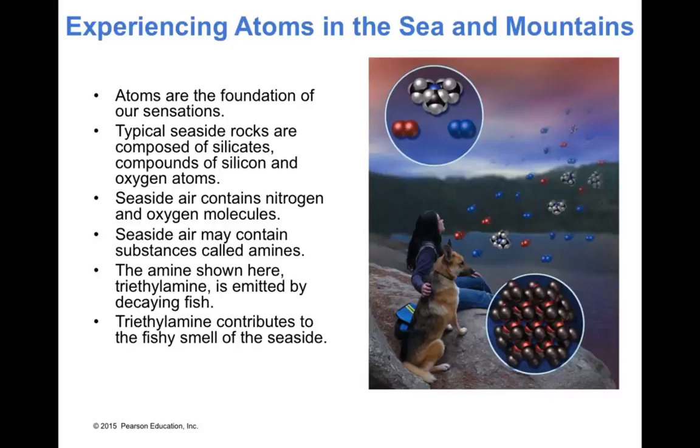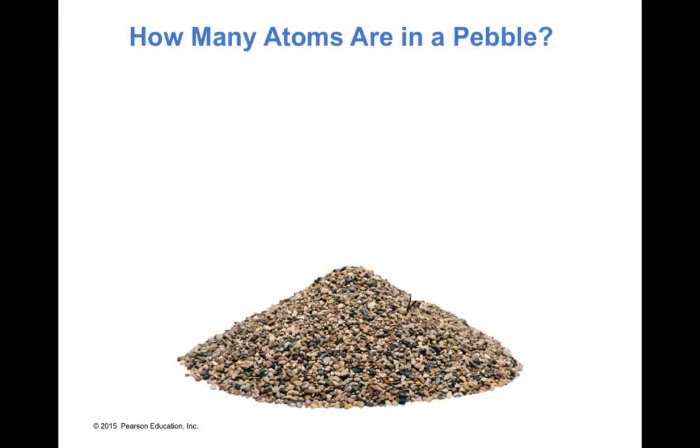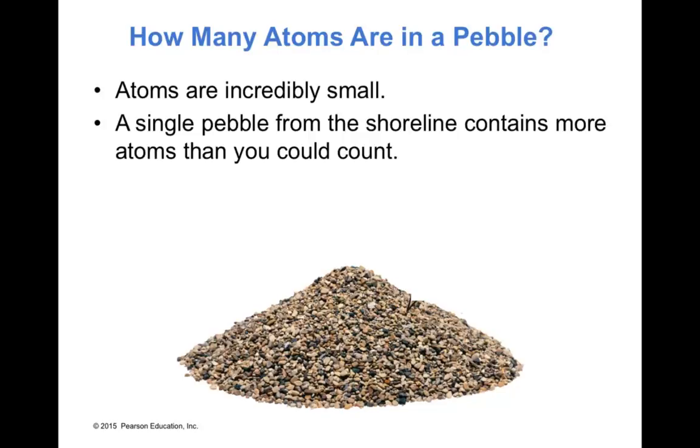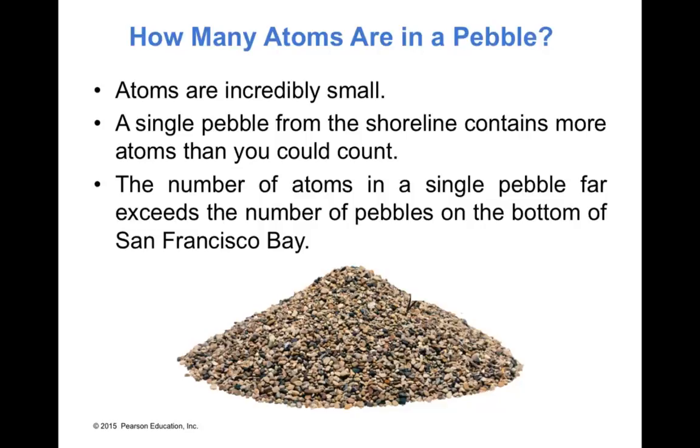Now let's talk about the atom. How many atoms are in a pebble? Atoms are incredibly small. A single pebble from the shoreline contains more atoms than you could count. The number of atoms in a single pebble far exceeds the number of pebbles on the bottom of San Francisco Bay.